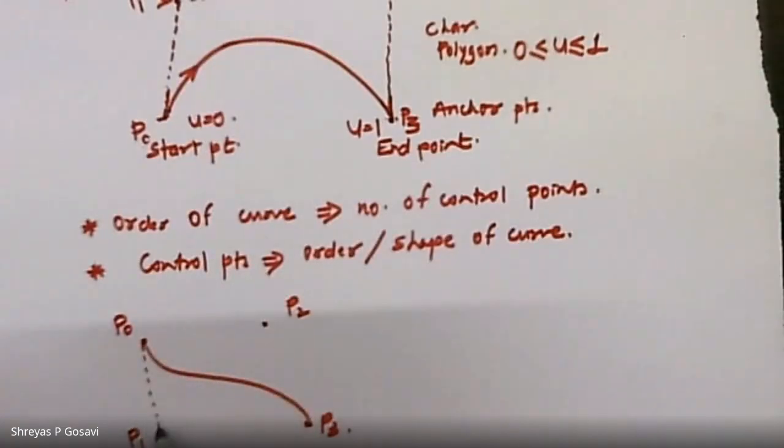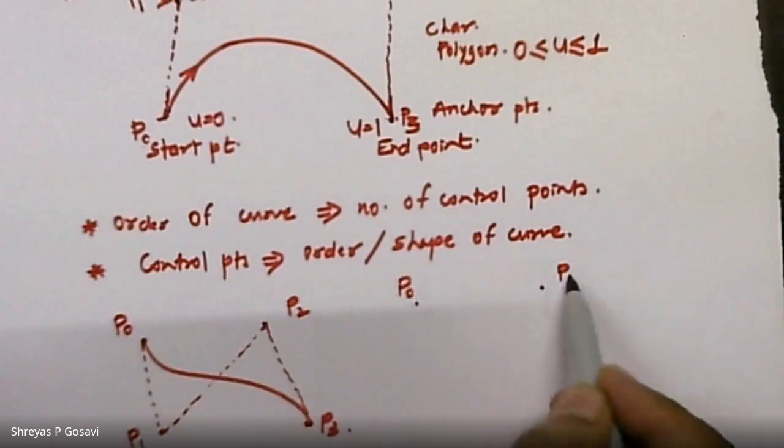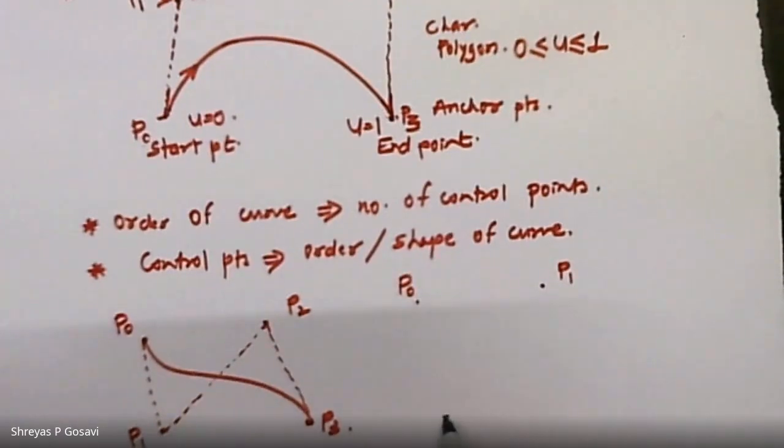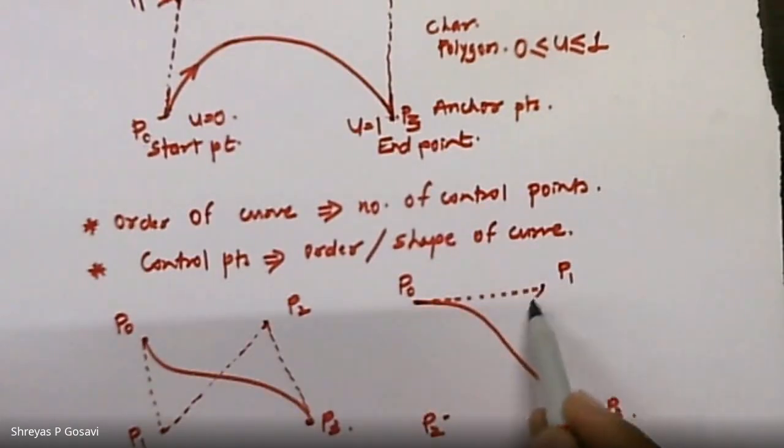If this is the sequence P0, P1, P2 and P3, similarly, if the sequence is changed, the shape of the curve also changes. So I'm replacing P2 by P1 and P1 by P2, and this one is P3. So the shape of the curve will be changed now, since the sequence has been changed.